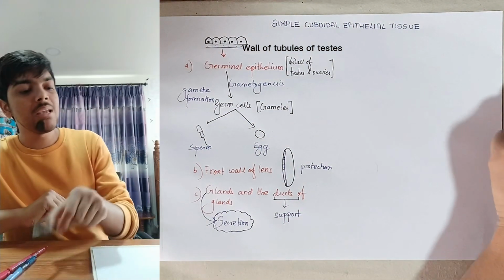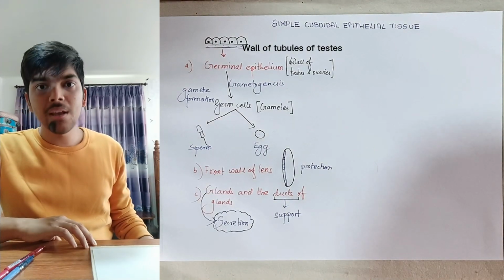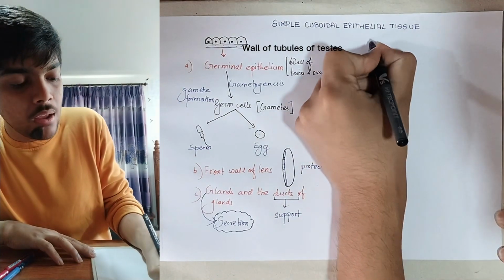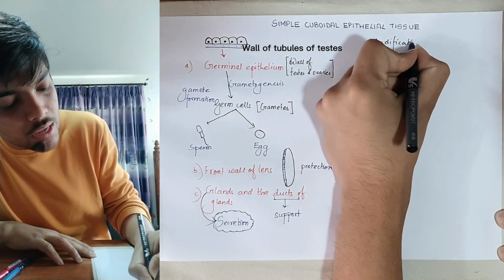The same simple cuboidal epithelium is found in humans in various modified forms as well. So we'll be dealing with the various modifications of simple cuboidal epithelium.